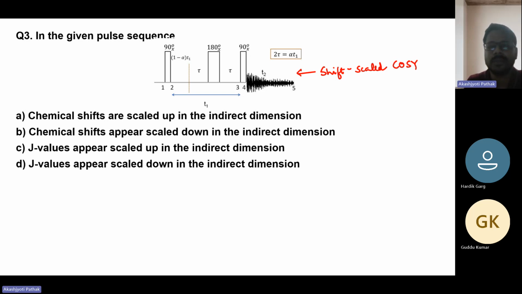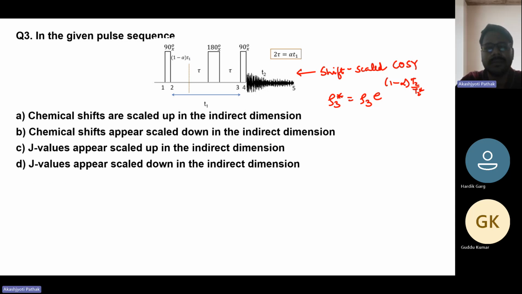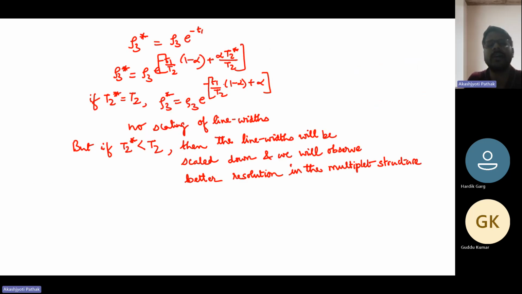Just now we saw that this rho 3 star expression, if we consider this T2 relaxation, gets multiplied by e to the power of a factor 1 minus alpha, then T2 by T2 star, and also this T1 term here.